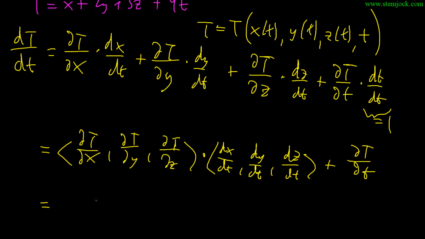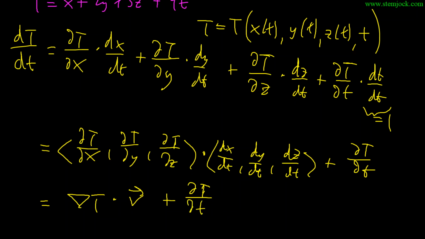And so very compactly we can write this as gradient T dotted with the vector v, the velocity vector, and then plus partial capital T, partial little t, like that.